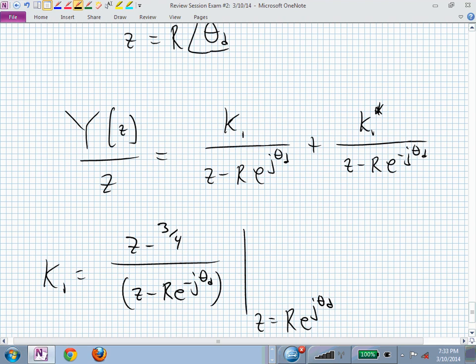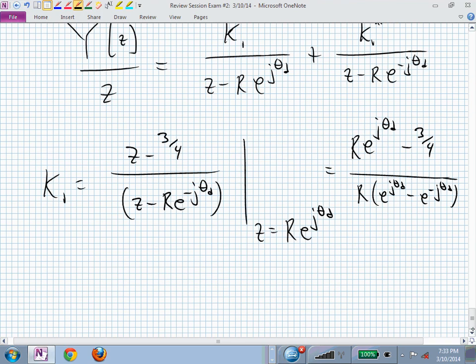And I can do that number. It's going to give me a complex number, and I can get k1. K1 is now this r, and we just found that, e^(jθ_d). We know what that is as a complex number. This is now r times, r can factor out, and I have e^(jθ_d) minus e^(-jθ_d), and that's just related to a sine, isn't it?